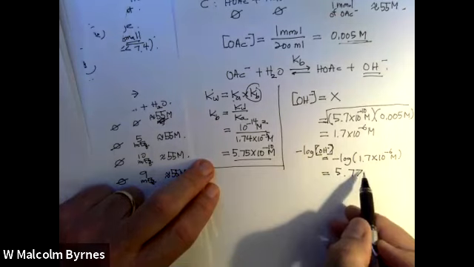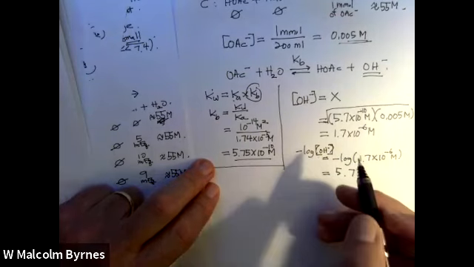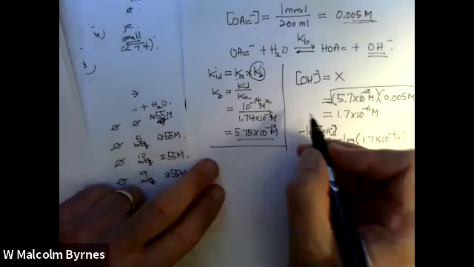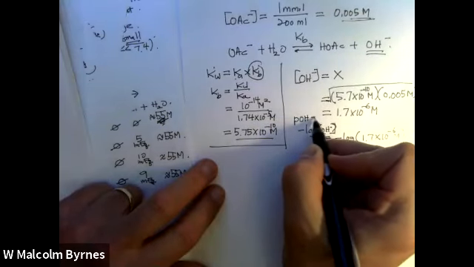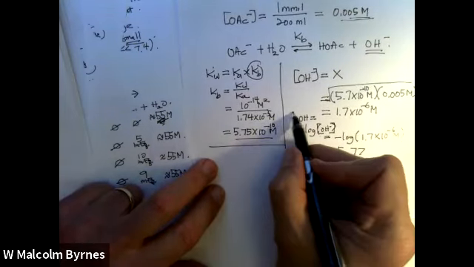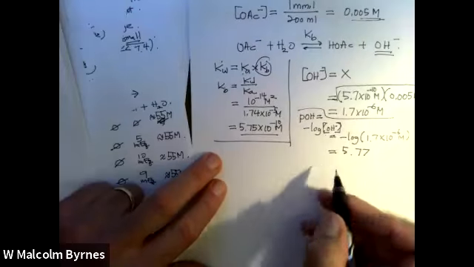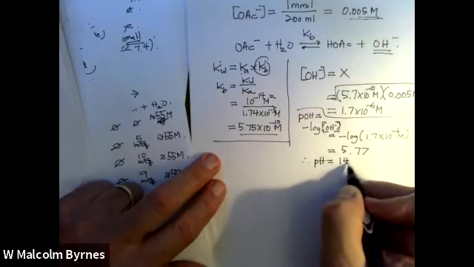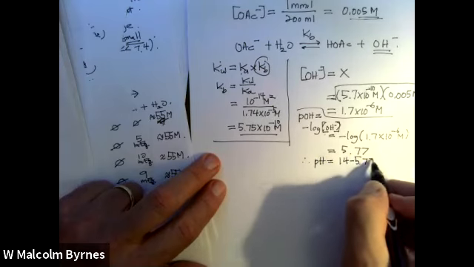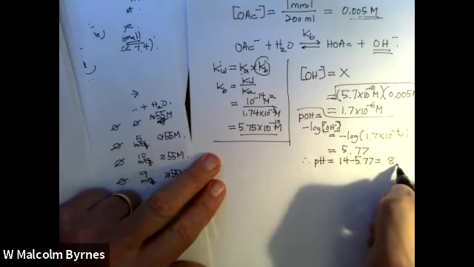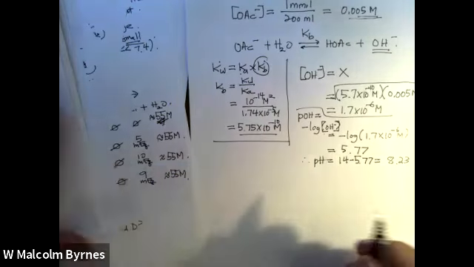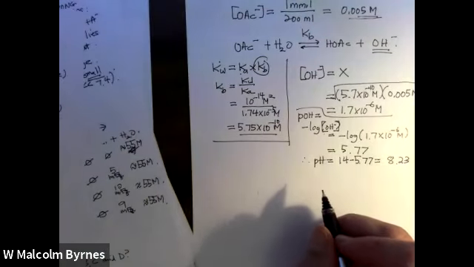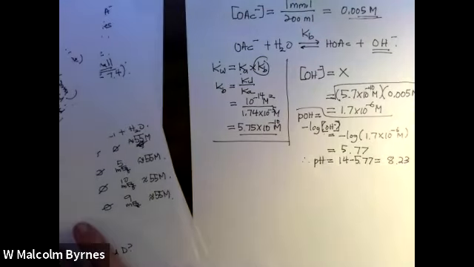But that's not the pH, that's the pOH. And so therefore, the pH is equal to 14 minus 5.77, which is 8.23.